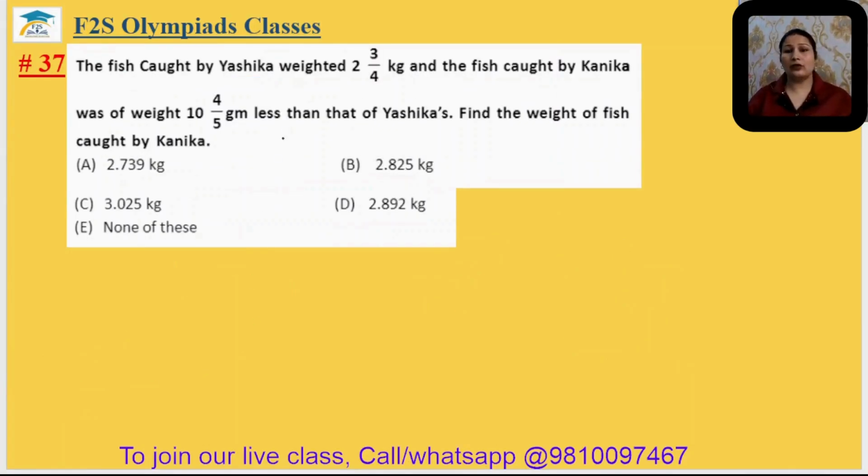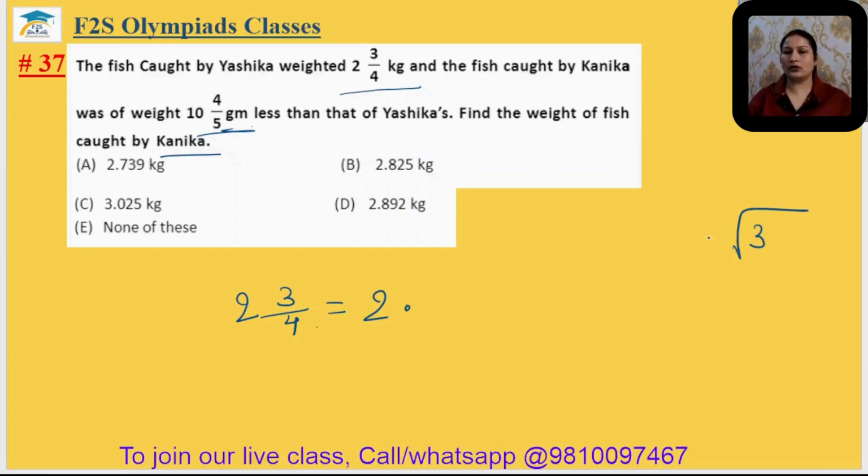37. The fish caught by Yashika weighed 2 3 by 4 kg and the fish caught by Kanika weighed 10 4 by 5 gram. Look at the units. The units are different. Kanika's fish is less than Yashika's. Find the weight of the fish caught by Kanika. Less than means this number minus this number. First I am writing 2 3 by 4 as a decimal number. 2 is the whole number, 2 point, and 3 by 4.